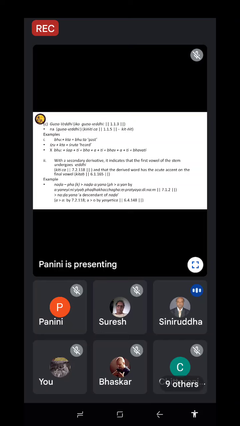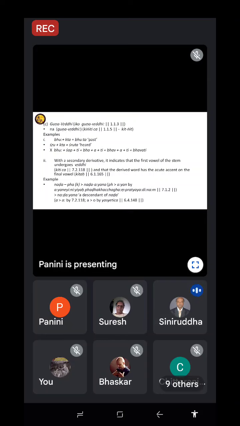So first, this is the kit pratyaya. If it is kiti, there is a sutra called... Number 3 is coming, then 4 is coming. There is Ardhat Nadhat Lopa, then Kniti cha. So immediately after ik guna vriddhi, he gives the scope and then immediately gives the nishedha.